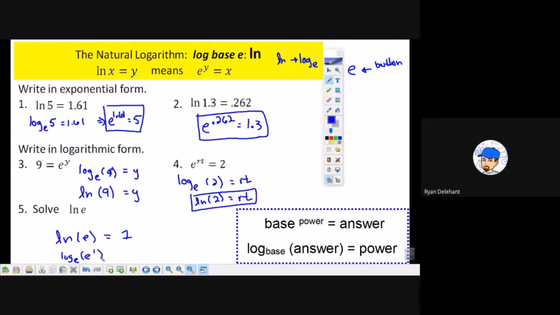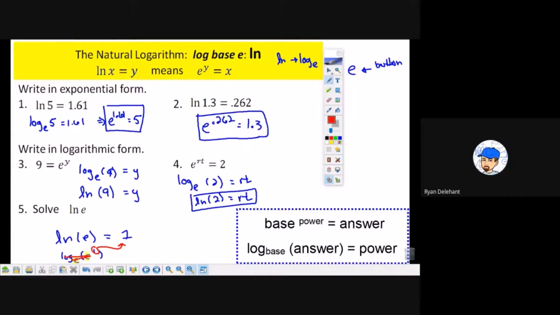This is e to the 1. You could solve these without a calculator. Anytime the base of your log matches the base of your exponent inside, all of this stuff cancels, and this is your answer.